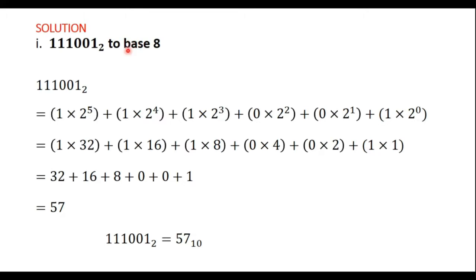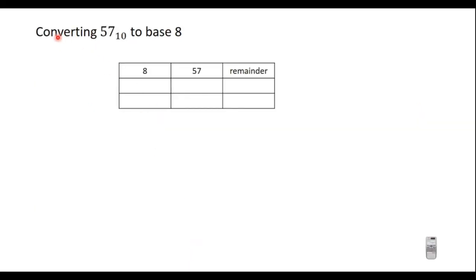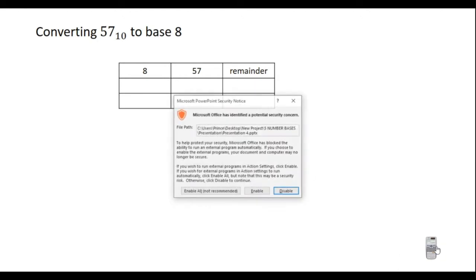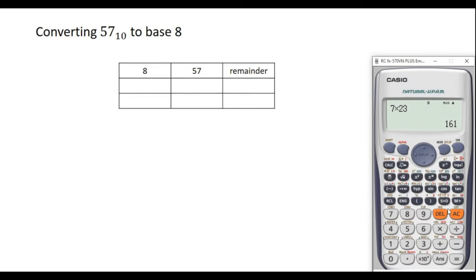But the question is telling us to convert it to base 8. So this time we convert this answer here, 57, from base 10 to base 8. You know that if you are converting this to base 8, you draw your 3-column table here. Then, you divide 57 by 8.